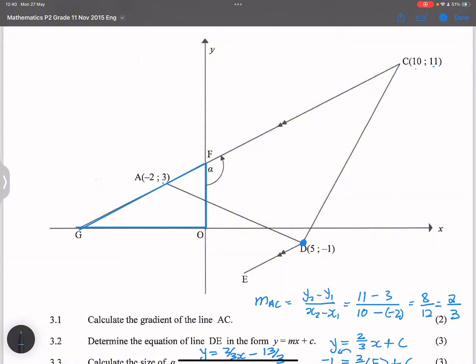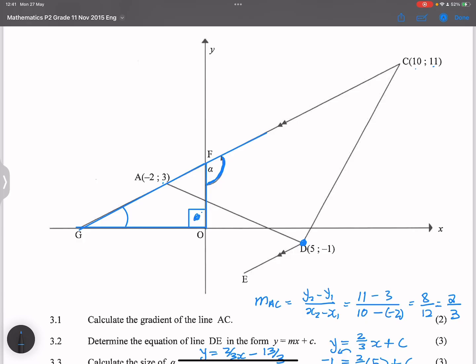Note that alpha is the exterior angle of that triangle. So we always say that the exterior angle of a triangle is equal to the sum of the opposite interior angles. Now we already know that angle O, or FOG, is 90 degrees, because in this case it is your axes. And then we now need to find this angle over here, which is FGO.